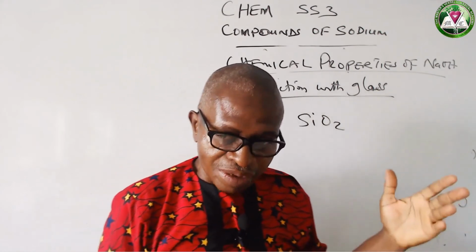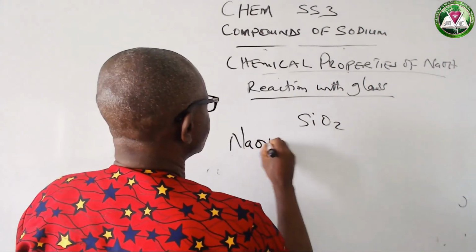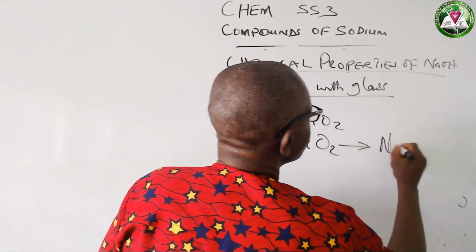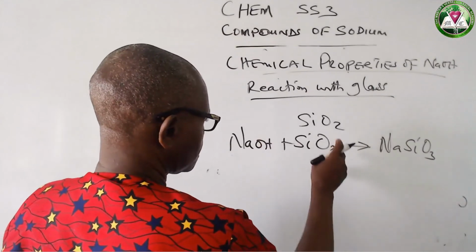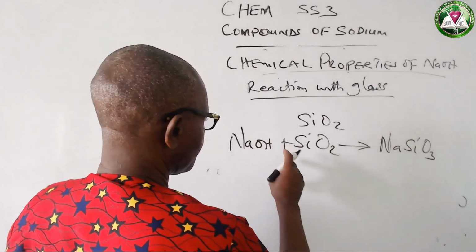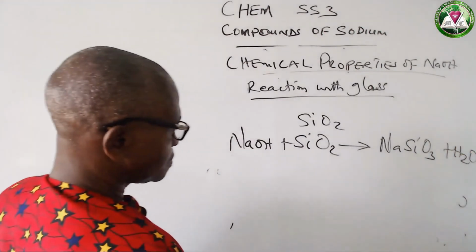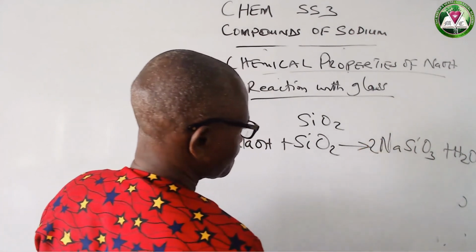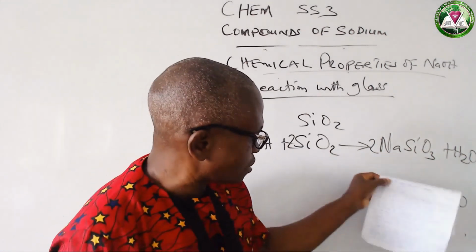Therefore, you react sodium hydroxide with SiO2 to give you sodium trioxosilicate(IV).